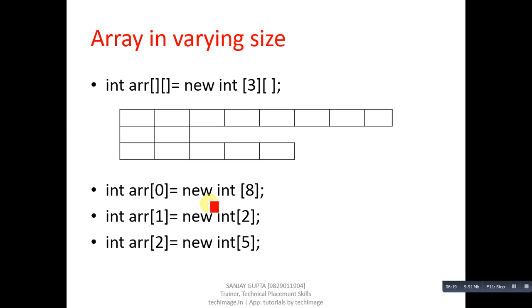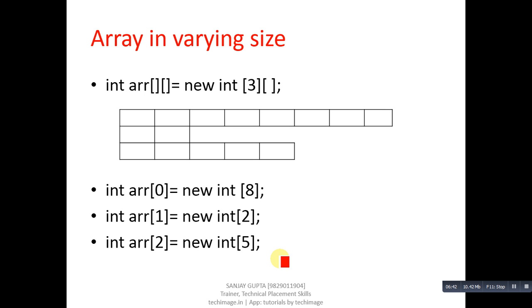This statement will allocate 8 blocks to the first row. The second statement will allocate 2 blocks to the second row, and the third statement will allocate 5 blocks to the third row. So in Java, you can design a 2D array in which each row has a different number of columns.